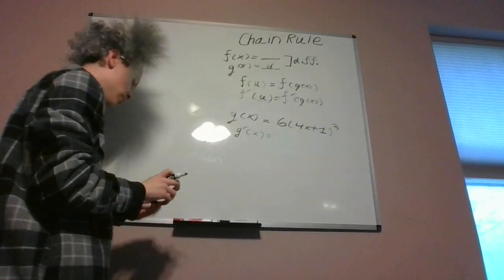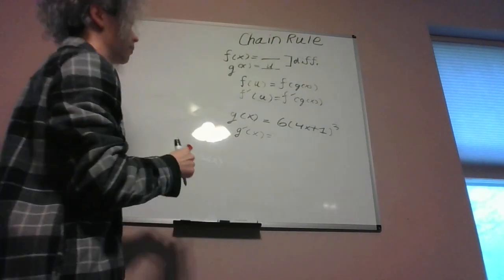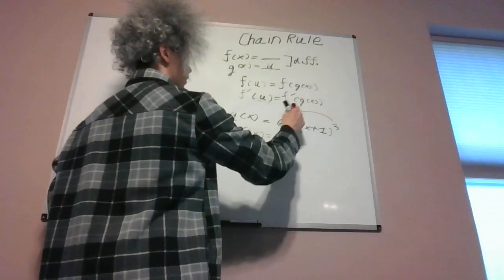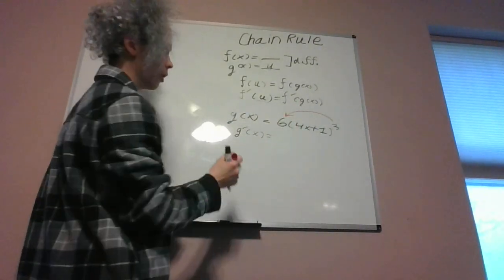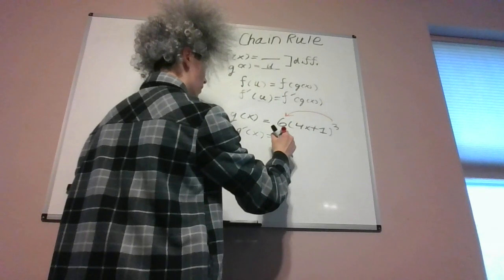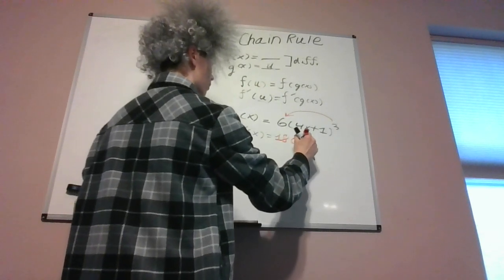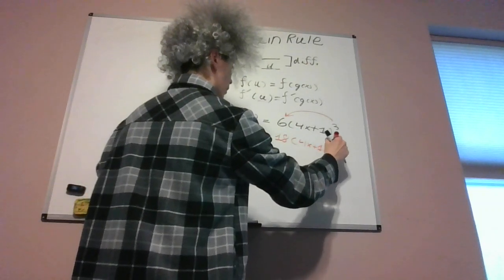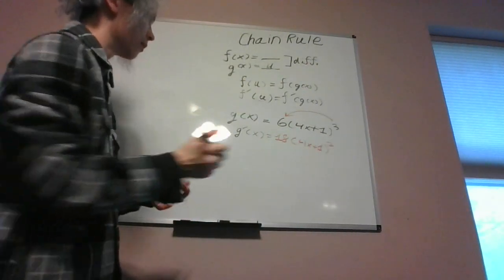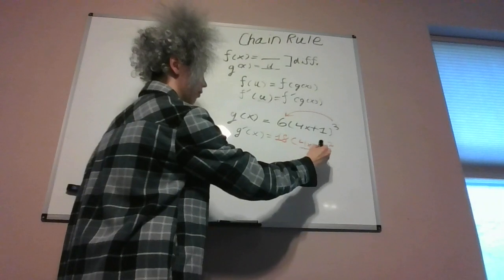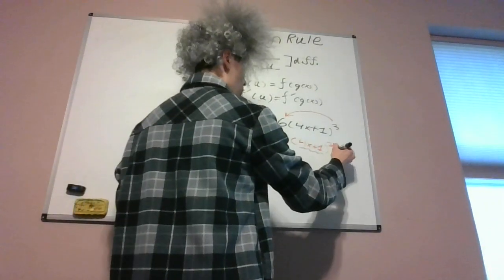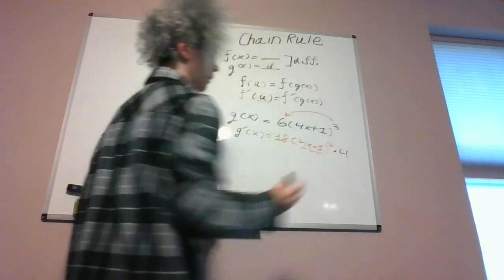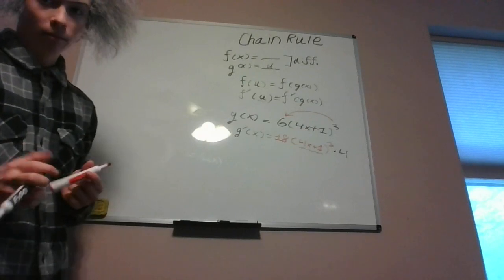It's going to be equal to, get out the red pen here, going to bring this power over, just like we do for our power rule, going outside to inside. It's going to be 18 times (4x plus 1) squared, because we subtract 1 from that power. And now we have this internal function here, so it's just going to be multiplied by 4. That's it. That's the whole chain rule.